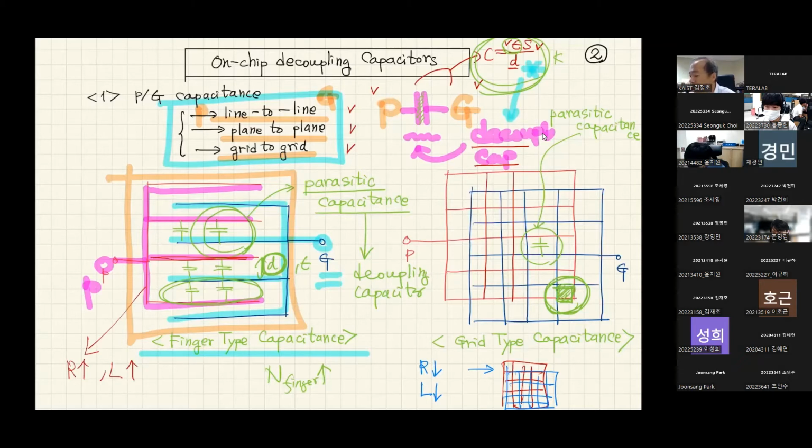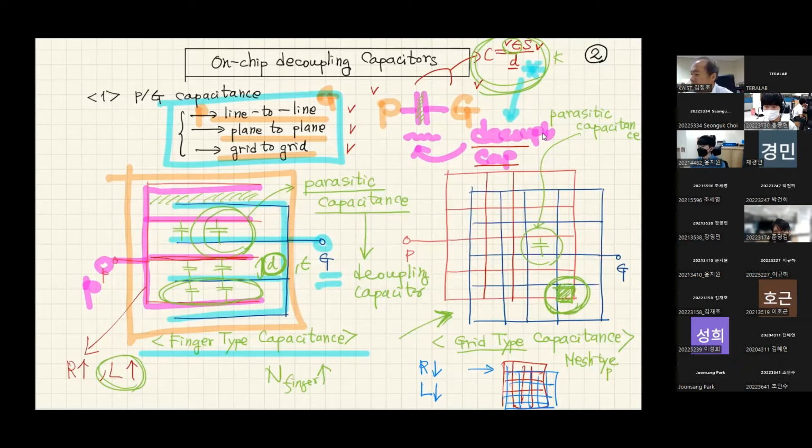Meanwhile, in the finger type, we have some large area between the power and ground. That's why we have higher inductance. So this mesh type, or grid type, has smaller loops, so this might be more suitable for high performance digital chip power and ground PDN design.